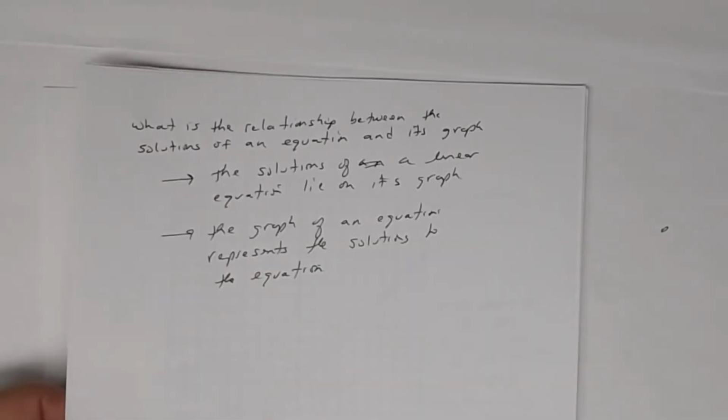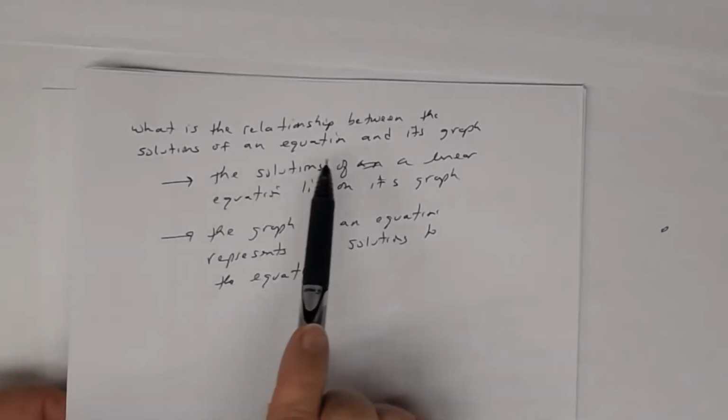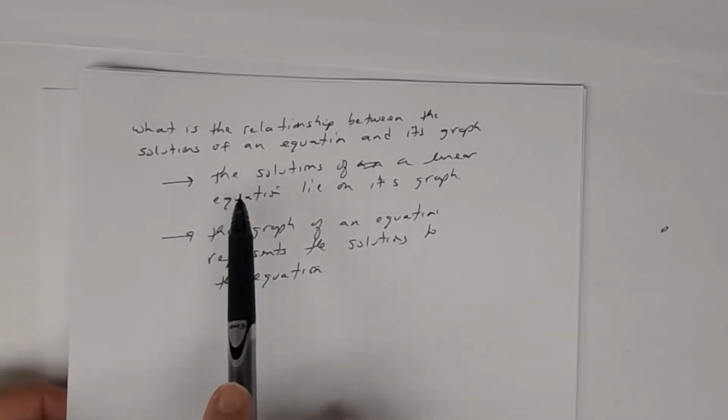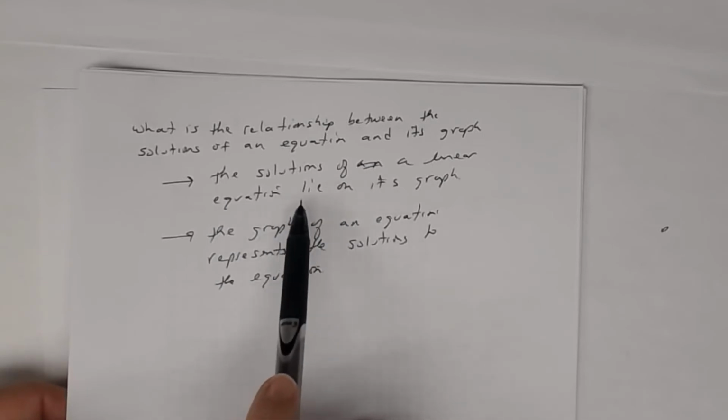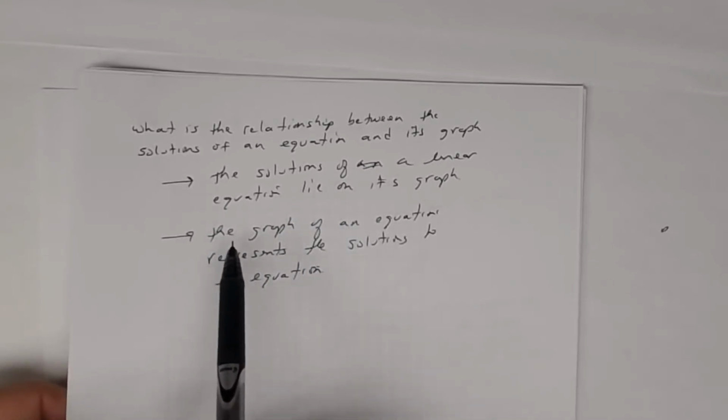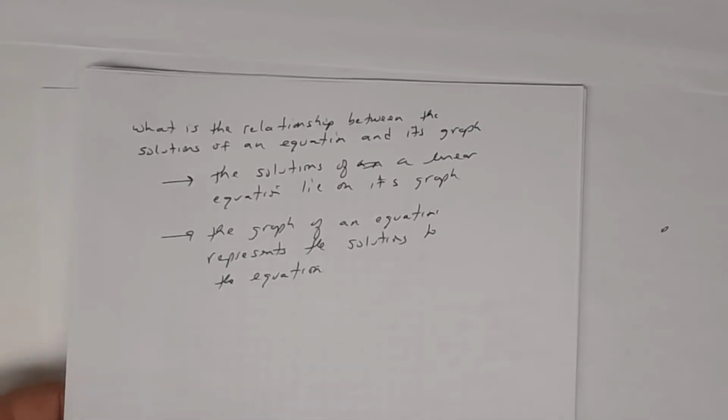Let me remind you about that. In the previous lesson, we asked the question: what is the relationship between the solutions of an equation and its graph? We saw that the solutions of a linear equation will lie on its graph, and you could also think of it as the graph of an equation represents the solutions to the equation.